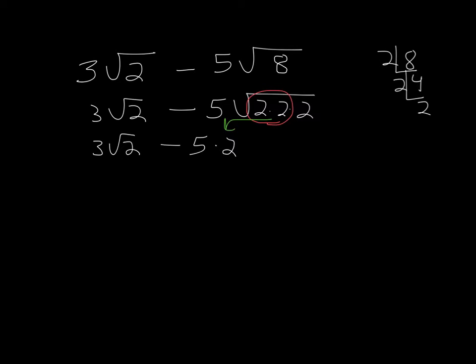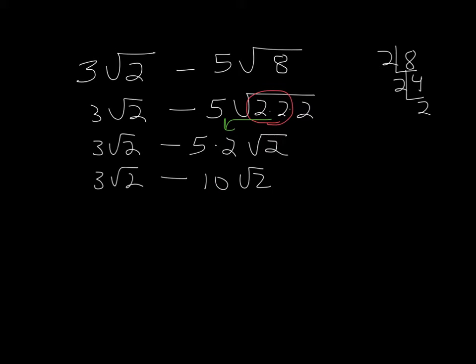And then the other 2, this 2 right here, just has to stay inside there. So we get 3 root 2 minus 10 root 2. Just multiplying those numbers together, right? 5 times 2 is 10.